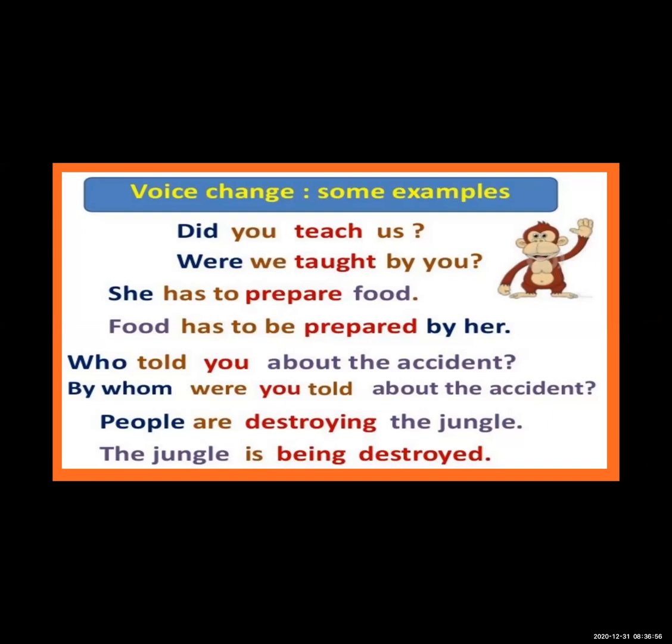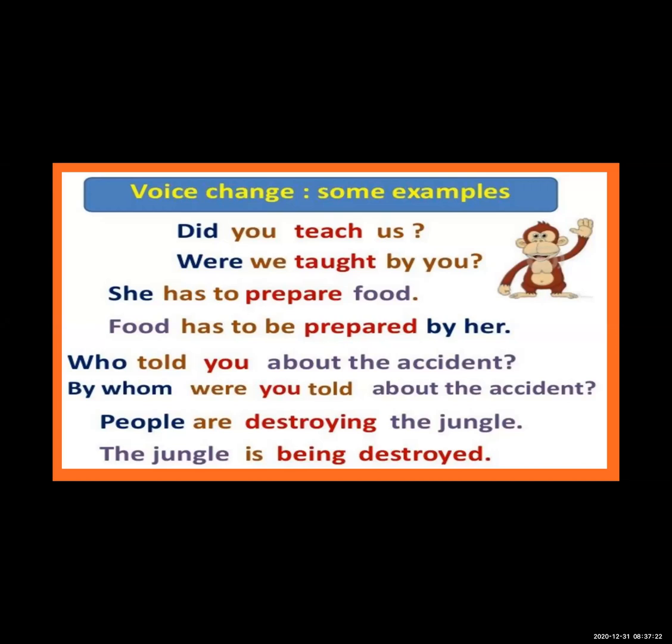Now there are some examples of how to change these voices. Yes, we will see some examples. Did you teach us? It is again a questioning sentence; you can see the question mark at the end. How to convert this sentence? How has the transformation taken place?